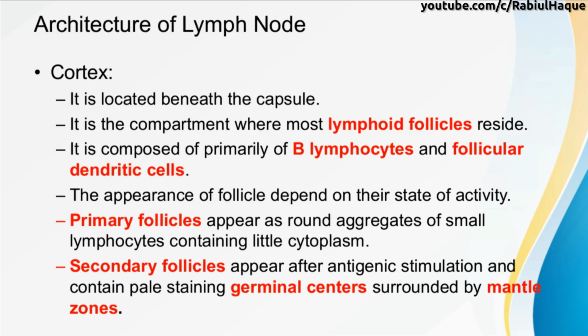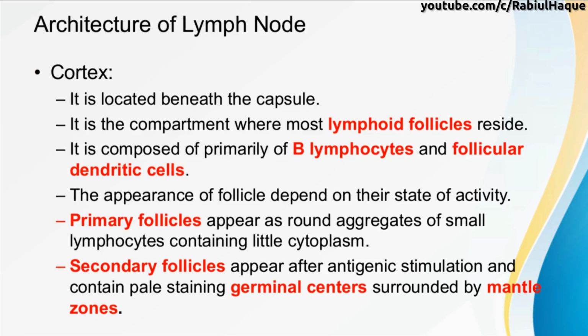On the other hand, secondary follicles will appear after antigenic stimulation, and they will contain a pale staining germinal center. So you can remember these two terms by remembering that primary follicles won't contain germinal centers, whereas secondary follicles will contain germinal centers.